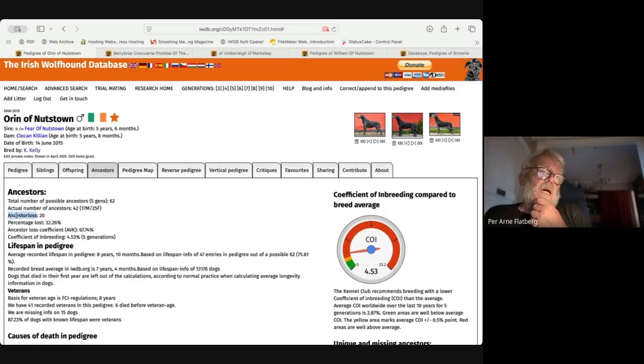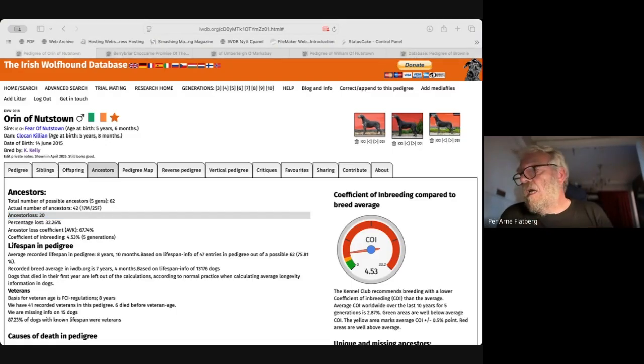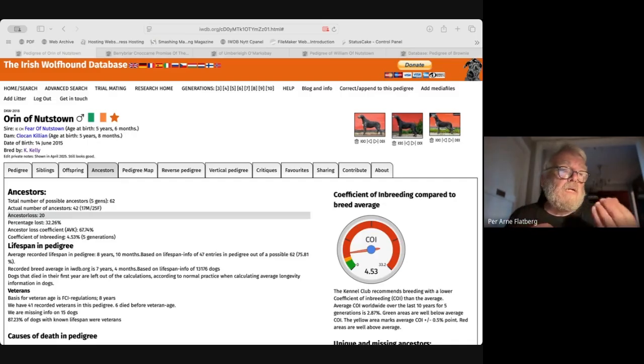I don't know if you're familiar with that term, or if you use it at all, but if you have a high ancestor loss, it just means that one or more of your parents are inbred, but it doesn't mean that the pup itself is inbred. Why does it matter? Well, a high ancestor loss means a loss of genetic variation.